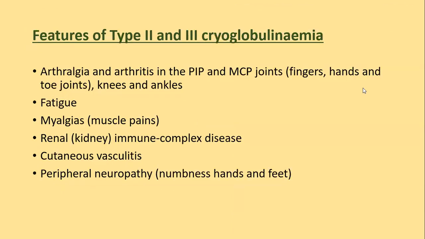The features of type 2 and type 3 cryoglobulinemia include arthralgia and arthritis in proximal interphalangeal and metacarpophalangeal joints of fingers, hands, and toes, and also in the knee and ankle. There may be fatigue, myalgias, renal immune complex disease, cutaneous vasculitis, and peripheral neuropathy manifesting as numbness of hands and feet.